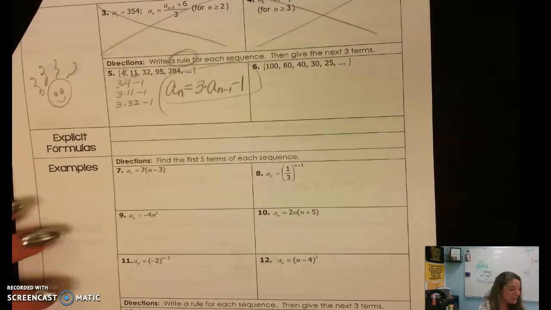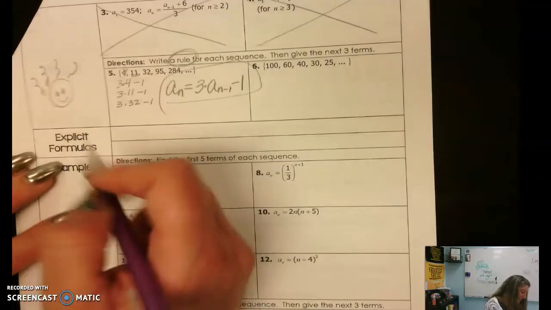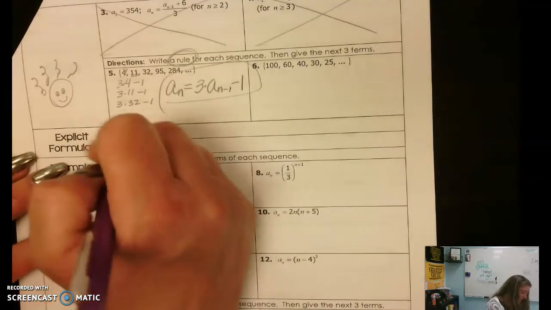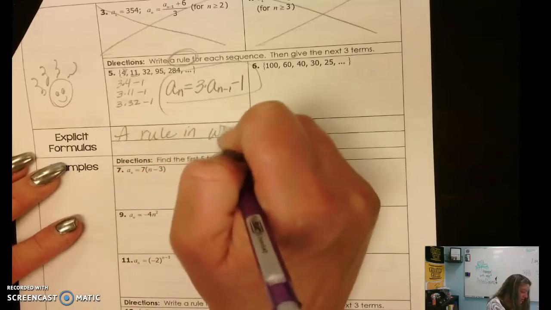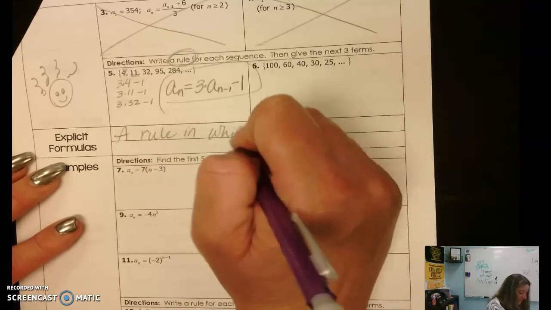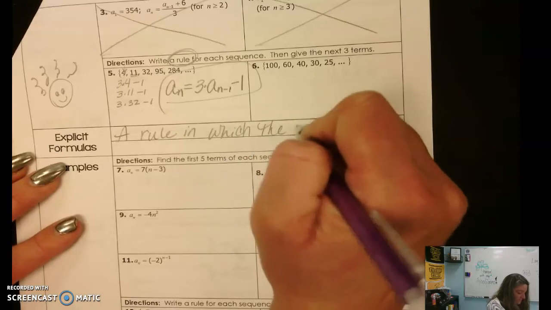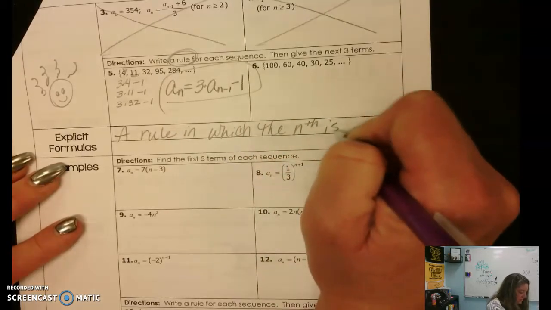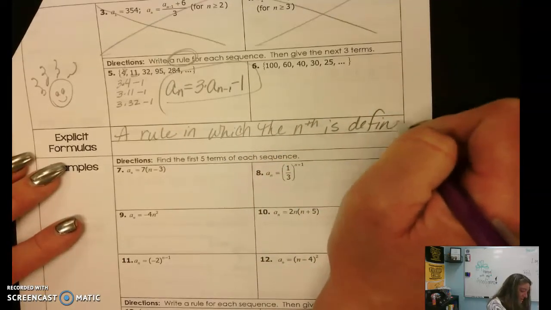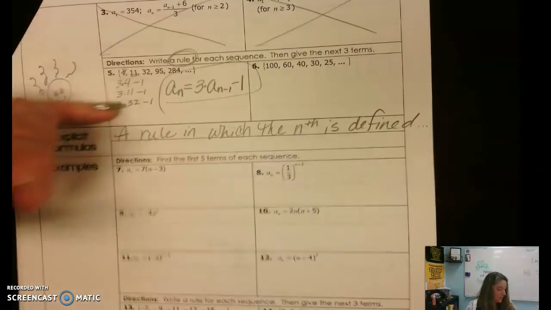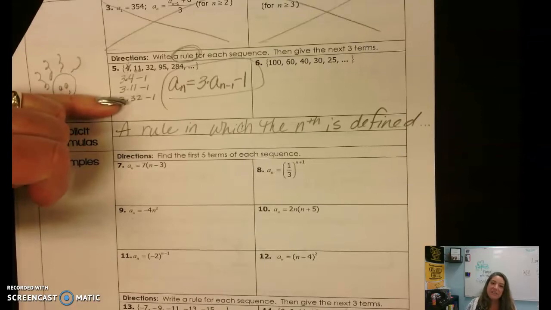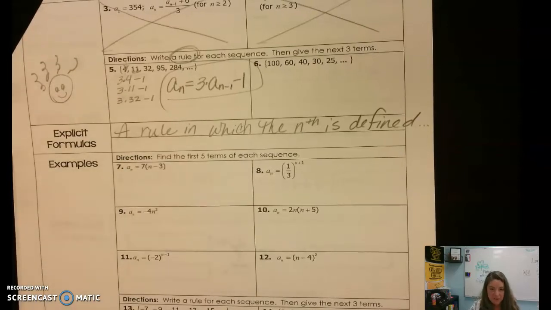Speaking of formulas, that is exactly what an explicit formula is, okay? An explicit formula is a rule in which the nth term is defined. It doesn't always have to be just for a recursive sequence. It can be for other ones as well, okay?